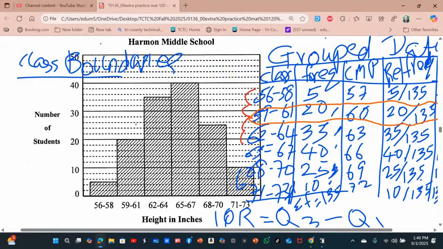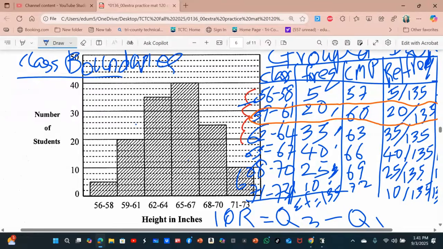When I'm given the class limits, the lower class limit of the first class is 56. The lower class boundary is 55.5, and the upper class boundary of the first class is 58.5.